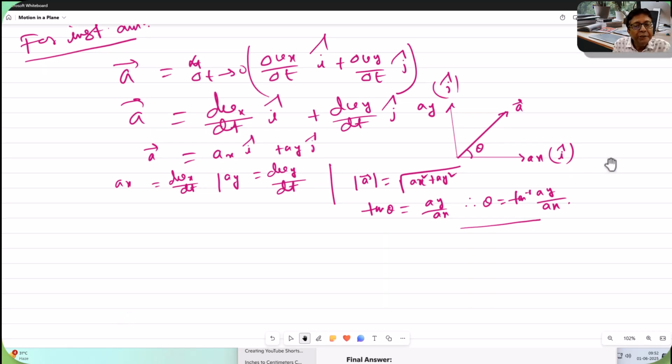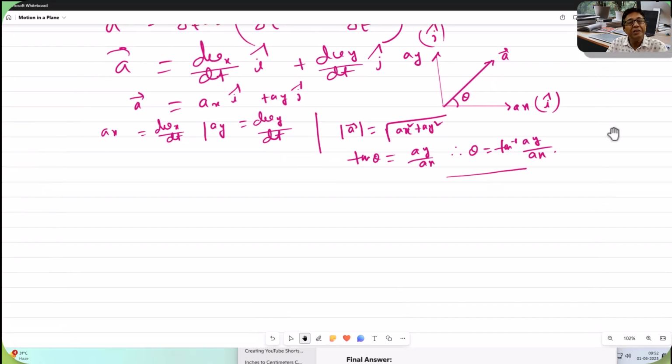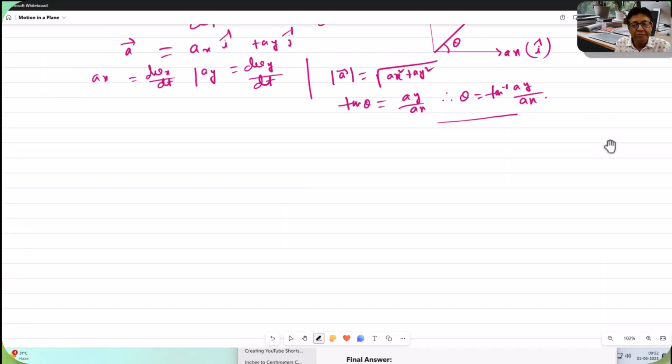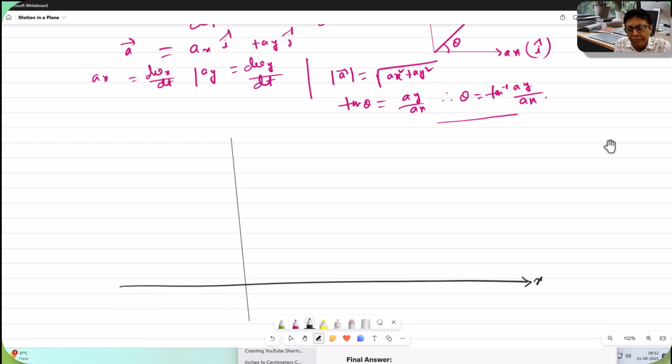Now if we want to see what is the direction of acceleration on the curve, let me take an arbitrary one. This is true for any curve. At the point A, velocity is v, and at the point B, velocity is v dashed. What is the direction of that velocity?